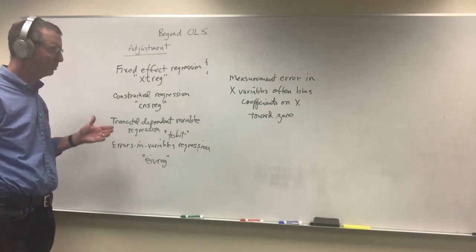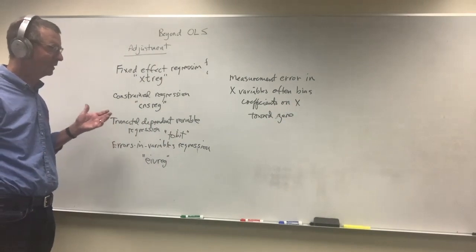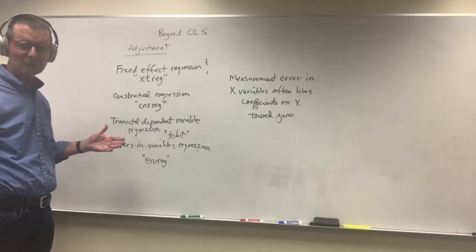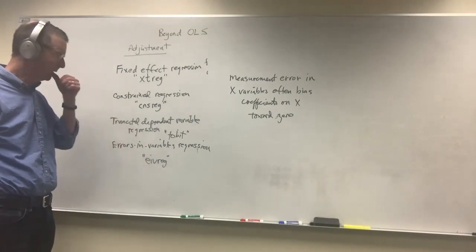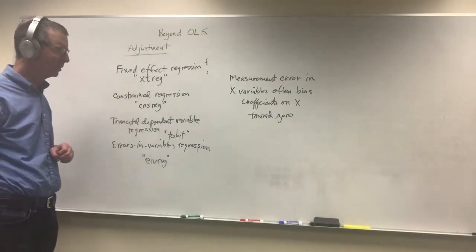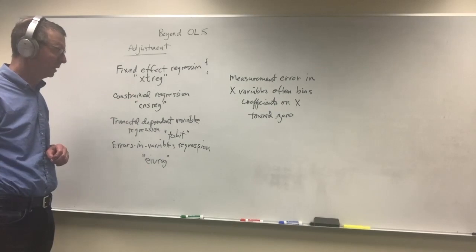So it'd be nice to somehow adjust for the bias that results from the fact that you know the X variable has a certain amount of measurement error in it.